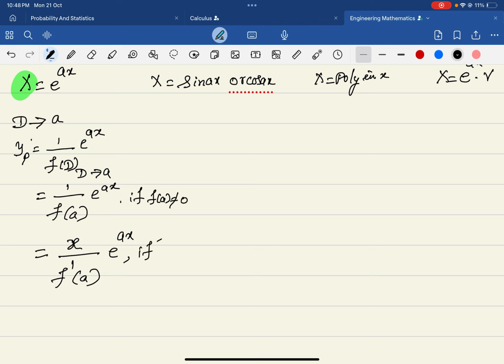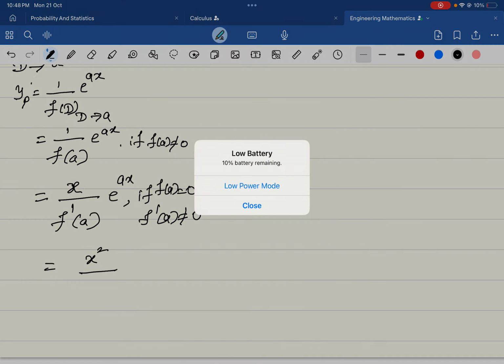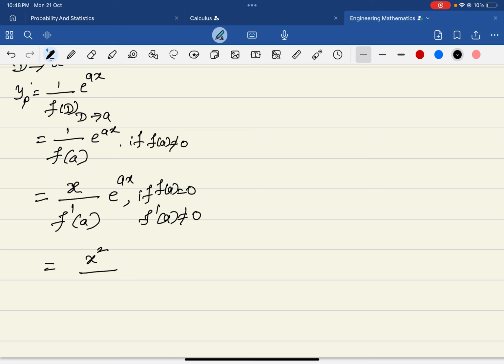If f of a is equal to 0 and f dash of a is not equal to 0, we use that. If f dash of a also happens to be 0, then multiply once again, that is x square times e power ax over f double dash of a, where f of a and f dash of a are both 0 and f double dash of a is not equal to 0.